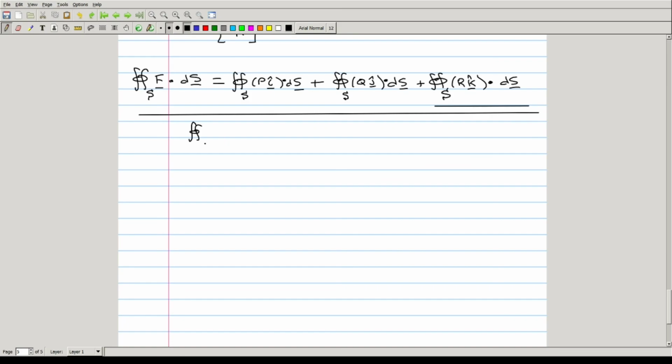You'll recall that this surface integral over S of R k hat we can think of as the sum of the open surface integral over S upper with the surface integral over S lower, assuming that the normal vectors in each case are oriented consistently to point outward.